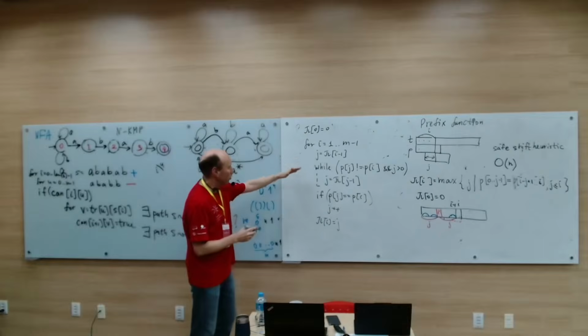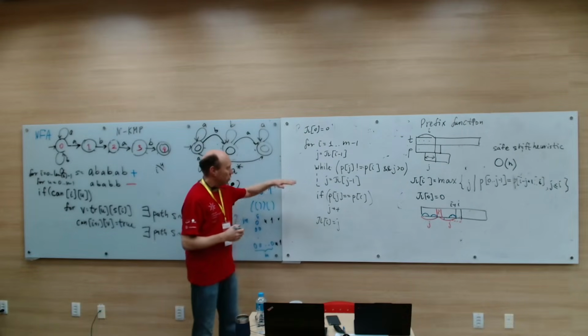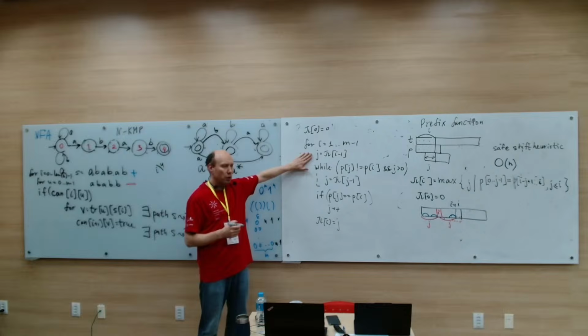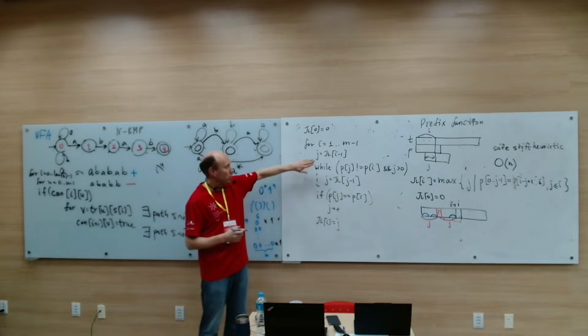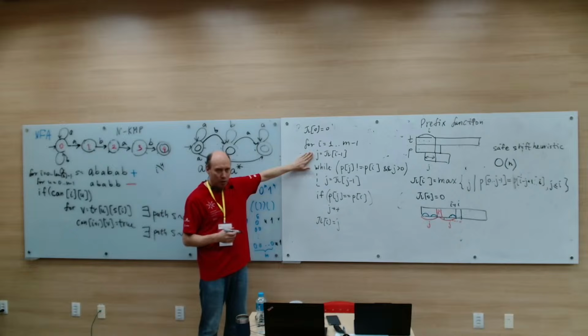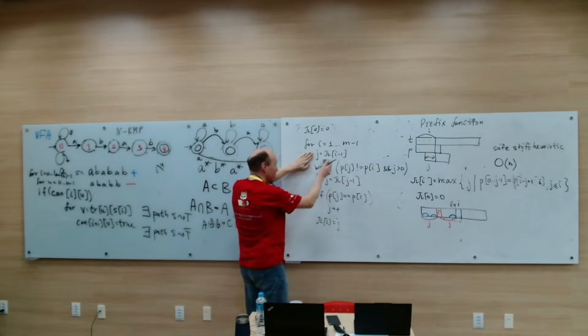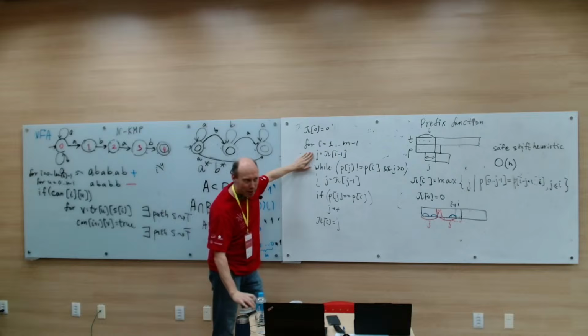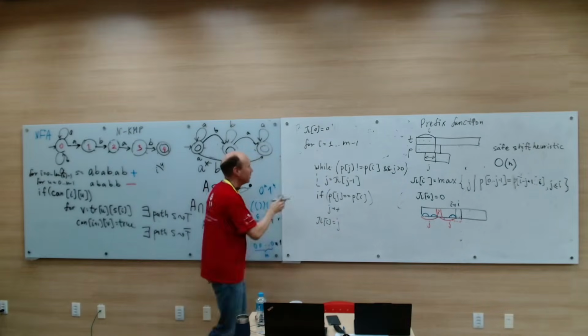Okay, so this is the code, and if you look at it closely, you see that this line is redundant because j is equal again to the result of the previous iteration. So you can remove this line with some small optimization, making it even shorter.